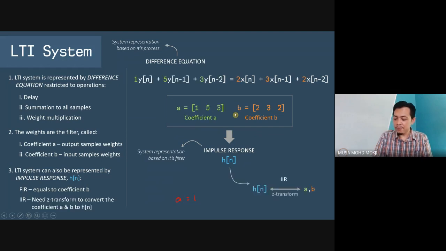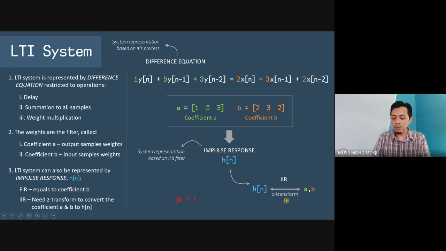And last time we saw that there is also IIR, infinite impulse response. So we have 2 types of impulse response, which is very important for your test. One is the FIR, another one is the IIR. For infinite impulse response, we cannot do the conversion between difference equation and h[n] straightforwardly.